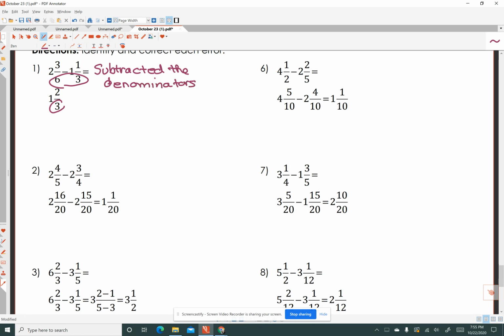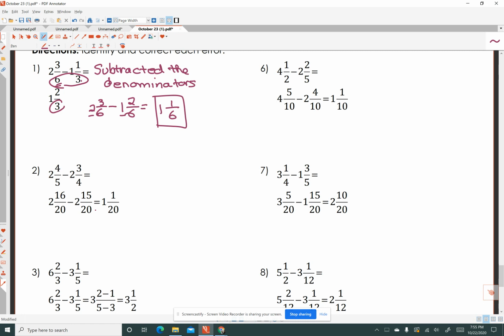So to do this correctly, we can use 6 as the denominator. 2 and 3, 6, minus 1. And 3 times 2 is 6, 1 times 2 is 2, which will give us 2 minus 1 is 1, and 3 minus 2 is 1, 1 and 1/6.